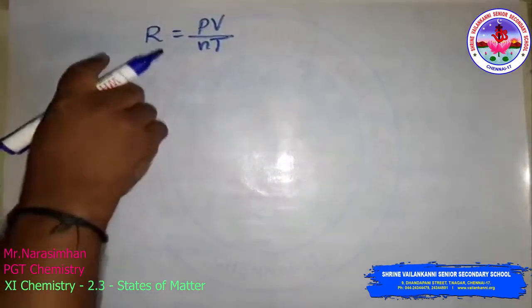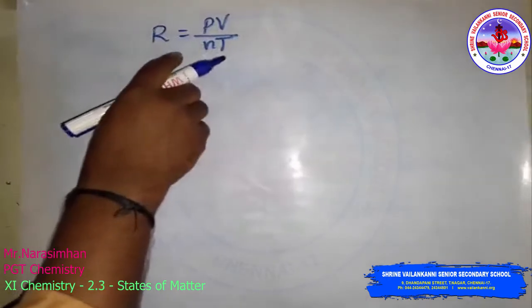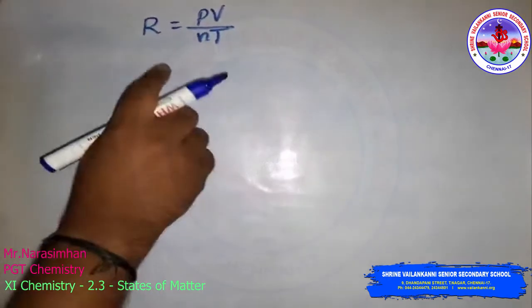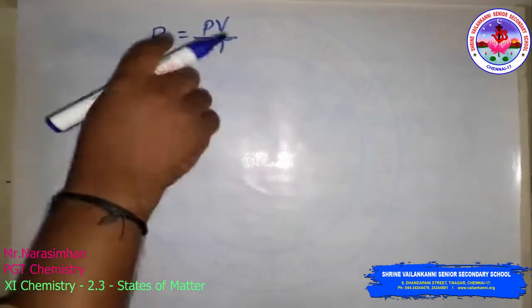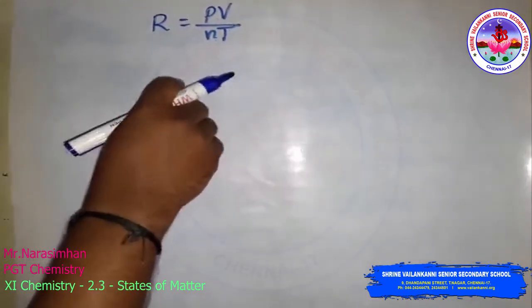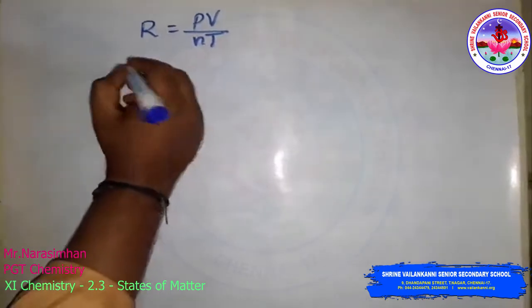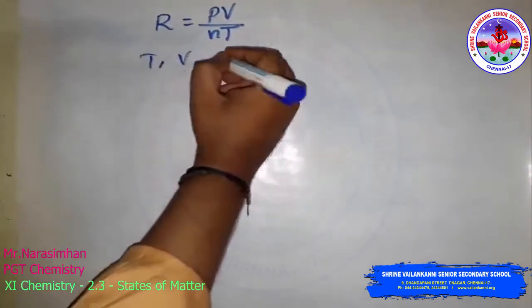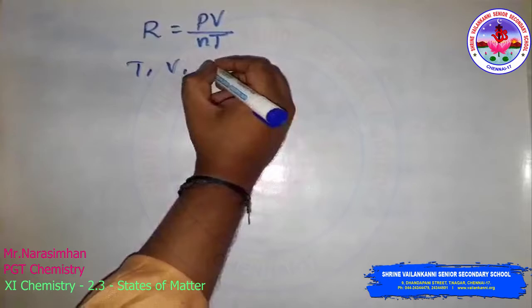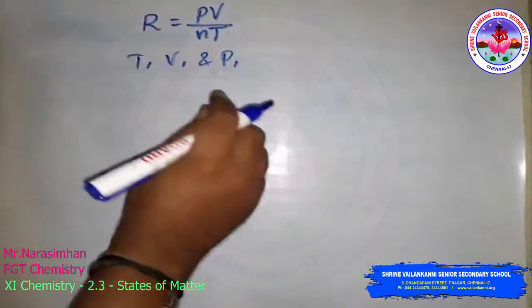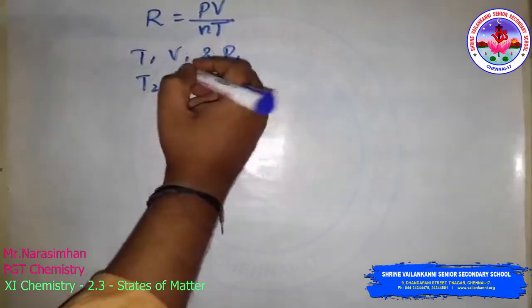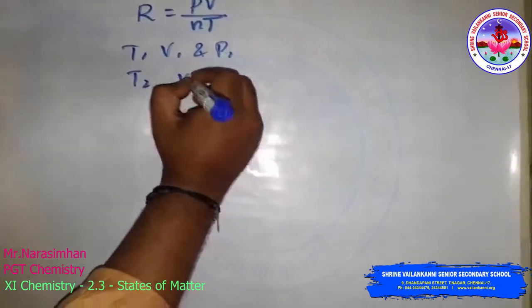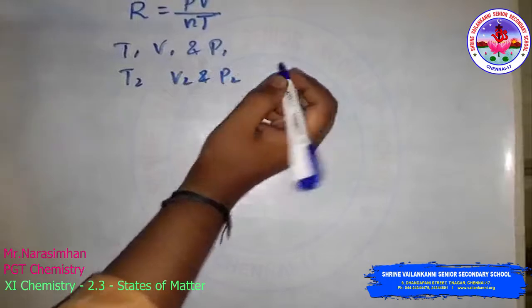This ideal relationship is for the simultaneous variations of the variables. Suppose the temperature, volume and the pressure of a fixed amount of gas vary from T1, V1, P1 to T2, V2, P2.